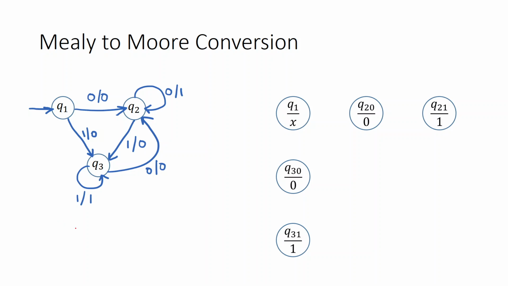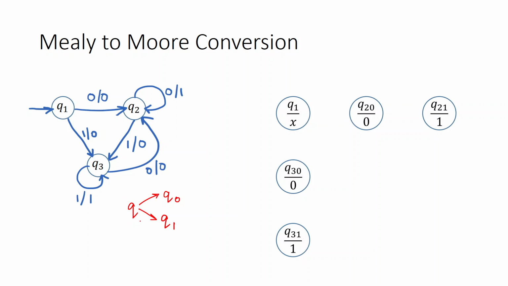What we do here is we break a state Q into two states, Q0 and Q1, with respect to the output that gets generated while we come to Q. So in the Mealy machine, while we come to a state, we generate an output.